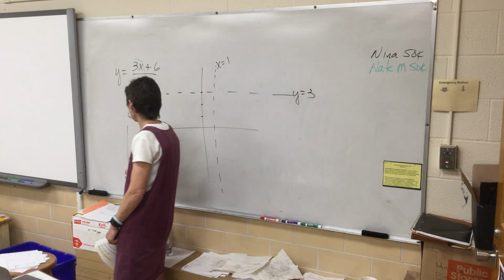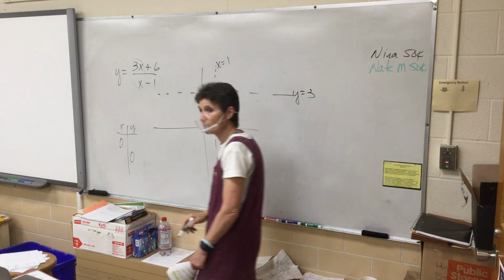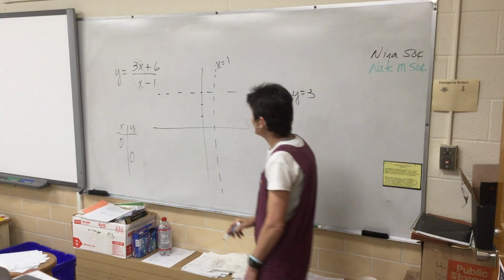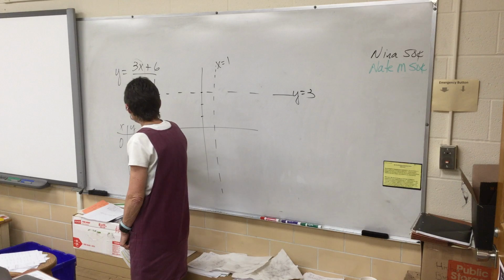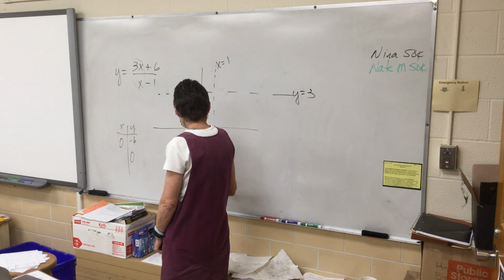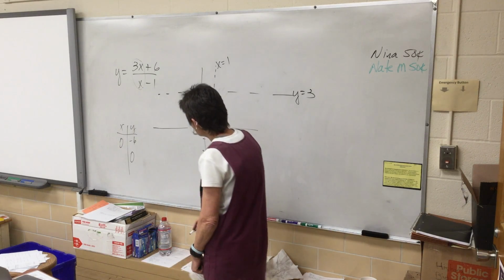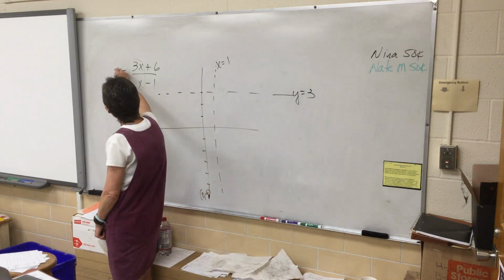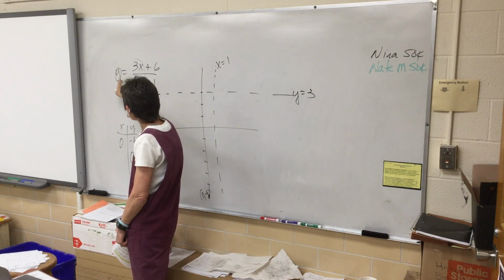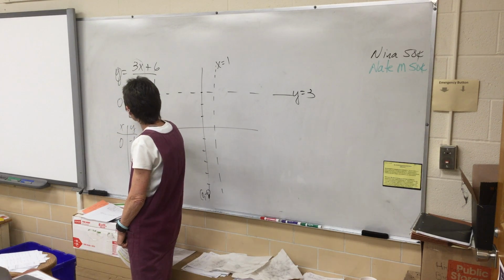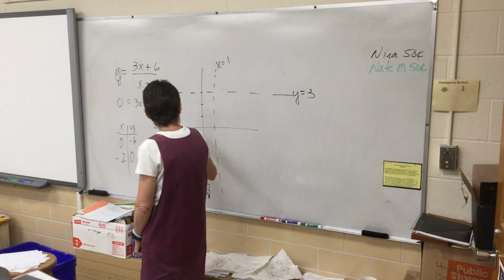Intercepts are points. We're not going to struggle with this. We're just going to plug in zeros and solve the equation. So when I put in a 0 for x, it looks like I get -6. And when I put in a 0 for y, you're gonna multiply this over, so you're just gonna have 0 equals 3x plus 6, so that would be what, -2?